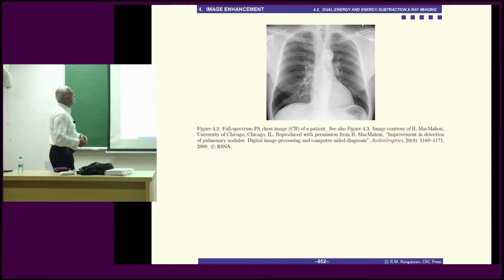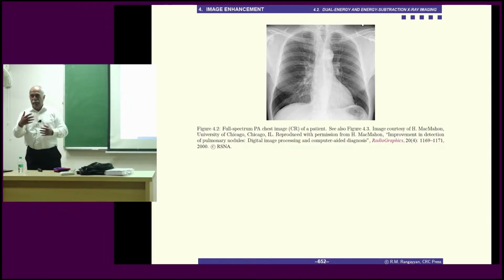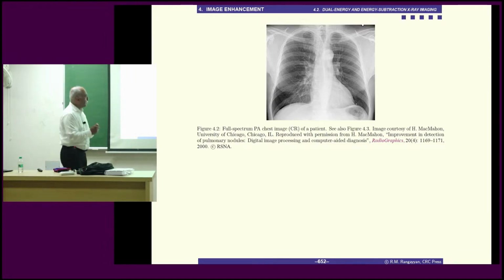So this is the full spectrum, what is called CR, computed radiography. That's a confusing name. What it means, it's a charge plate like in your photocopier, and that is exposed to X-rays. There is a charge distribution that is scanned, and you get a picture. It's not computed, it is scanned.